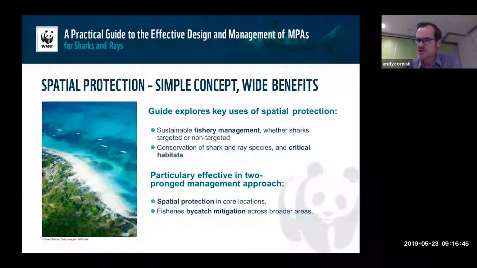It may not be possible for the sharks and rays that move larger distances to have MPAs that cover all of their range. So having protected areas for critical habitats, and then perhaps focusing on other management outside, including fisheries bycatch mitigation, is likely to be the most effective.